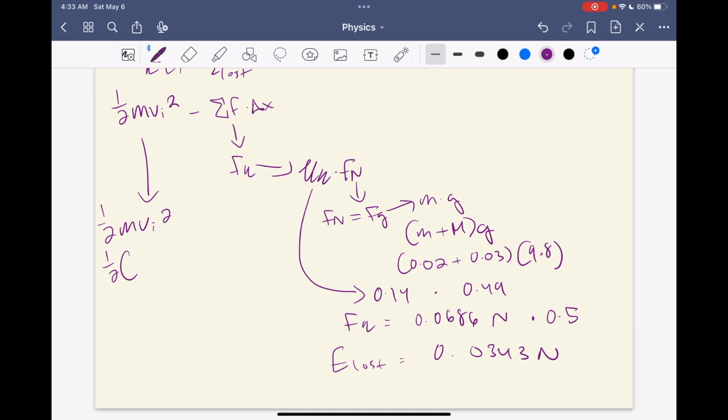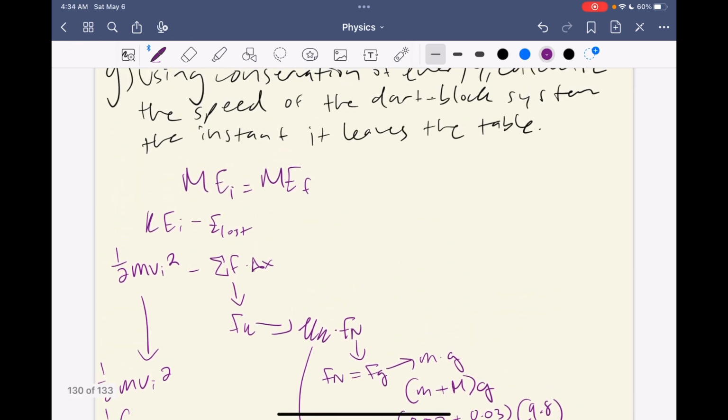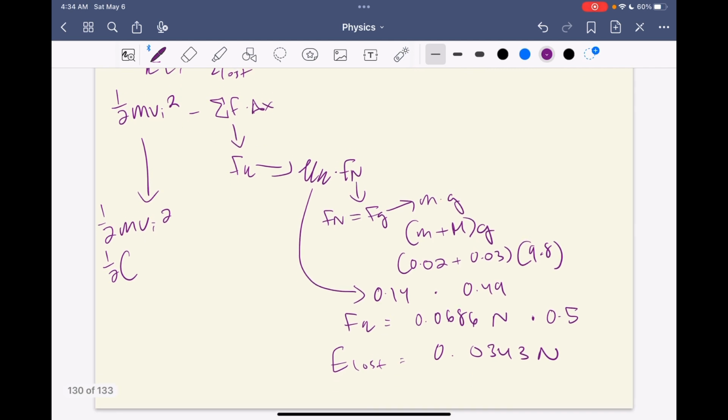Again, we need to account for all the masses, so m plus M. So 0.05 divided by 2 is 0.025 vi squared.